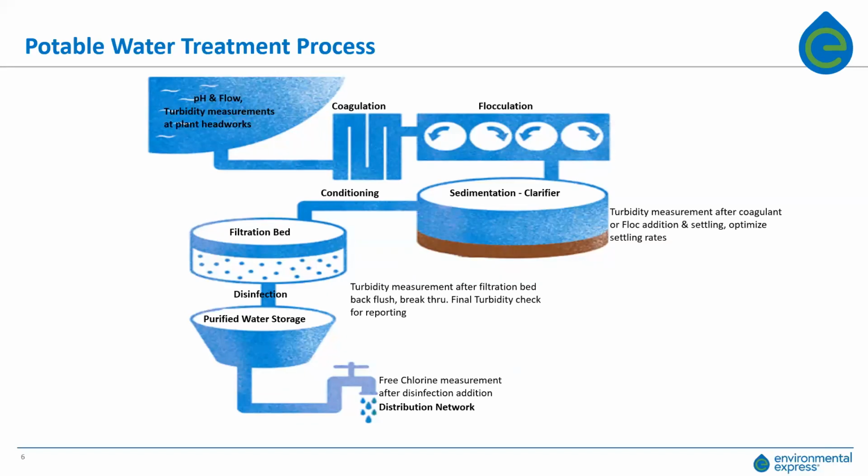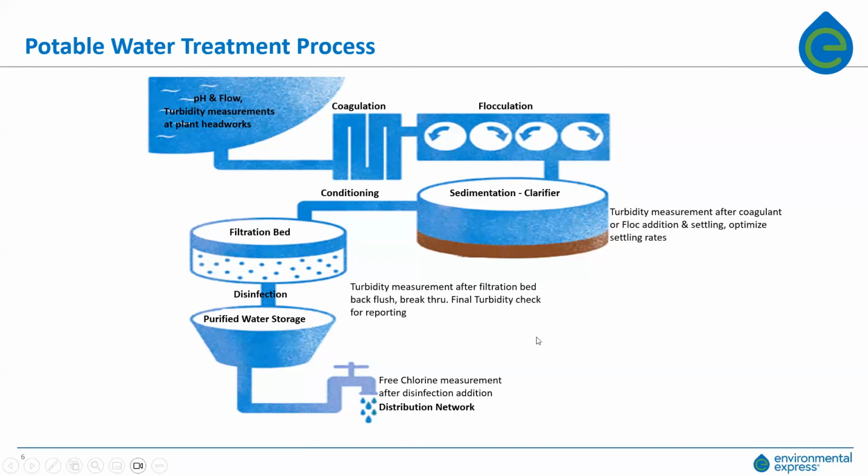The disinfection process is next, specifically the addition of an oxidizing agent, which we'll talk a little bit more about in the presentation, but for now, it's specifically added to remove and kill any bacterial or viral contaminants. The water is then pumped into a storage system or directly out into a distribution network.